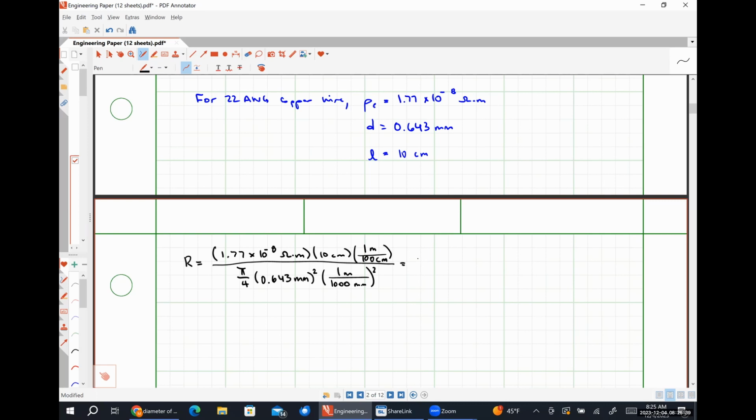And I get 0.00545 and some change ohms, or about 5 milliohms.